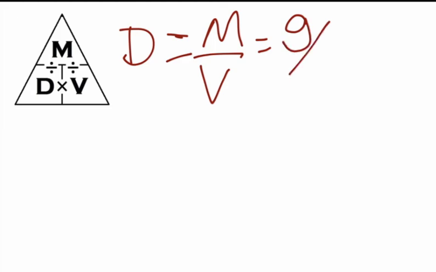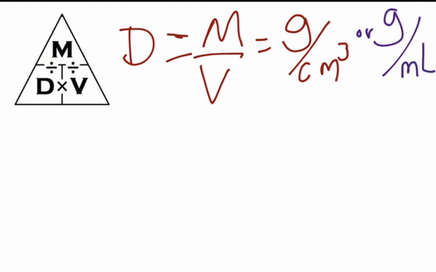And the unit that we use for volume, if we're trying to solve for an irregular object, is cubic centimeters. A lot of times we also use grams over milliliters, but milliliters is what we use for liquid volume. So just keep that in mind and you'll be fine.